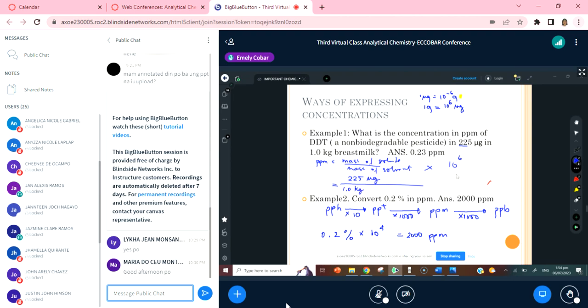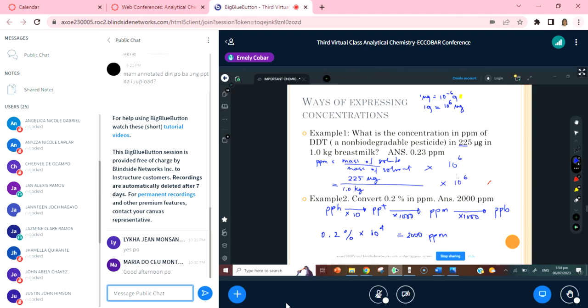Di ba sabi natin kanina, the unit of mass for the solute and the unit of mass for the solvent must be the same. So therefore, ang gagawin natin is we convert kilogram to microgram. Okay? So ito pa lang yan ha. And then, kasama pa ng formula is times 10 to the 6.